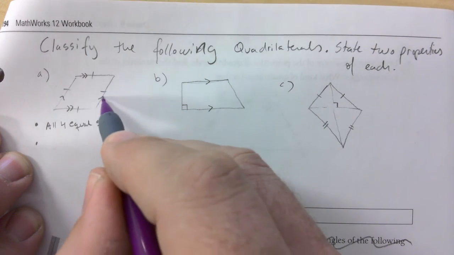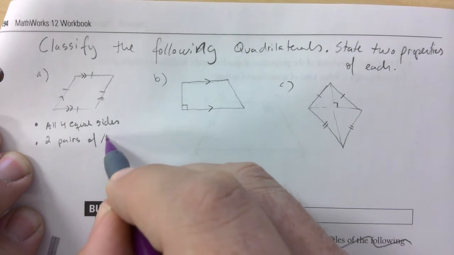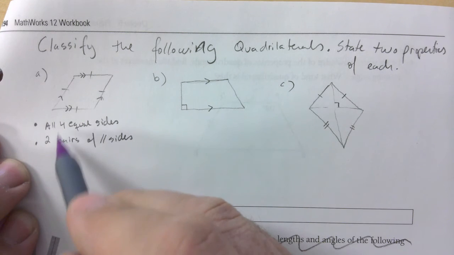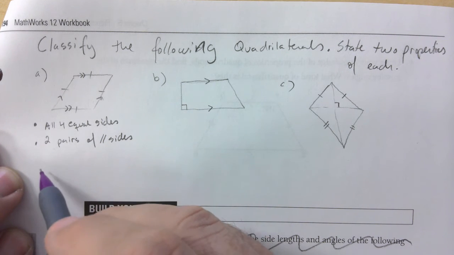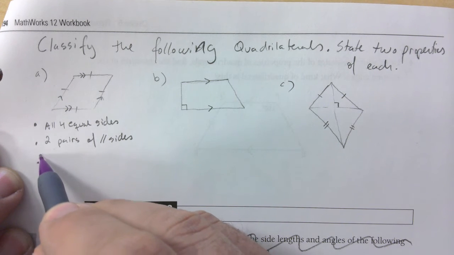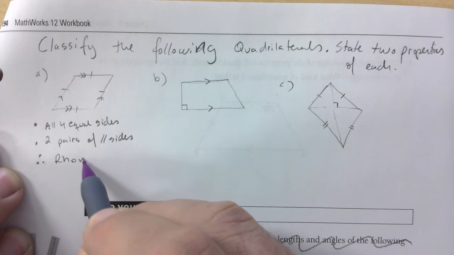This is parallel to that. So 2 pairs of parallel sides. That is enough for you to say that it's therefore. This is the symbol for therefore in math, by the way, 3 dots forming a triangle. It's a rhombus.